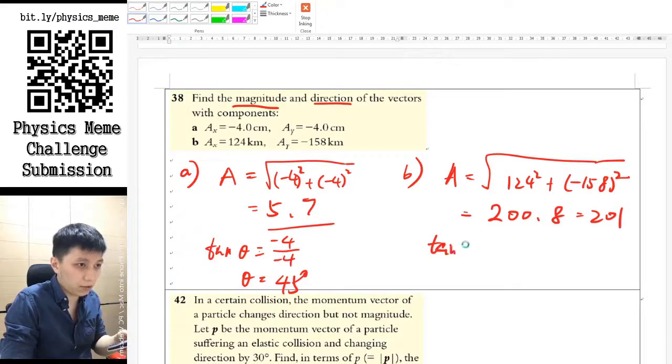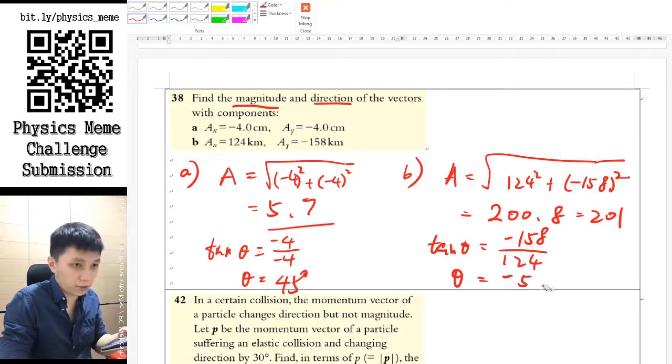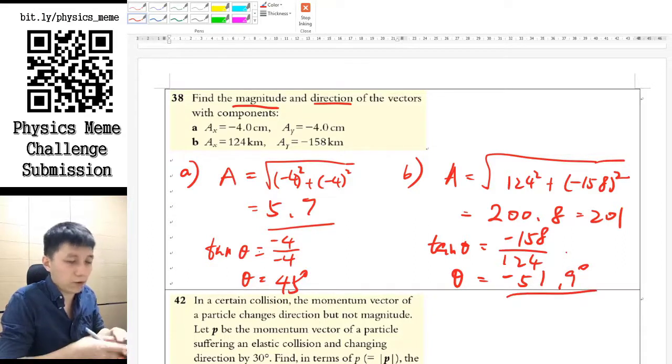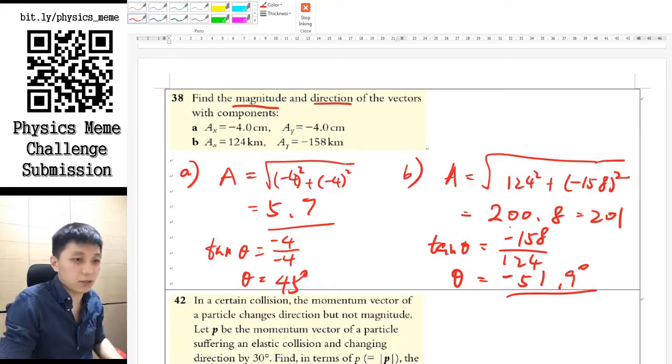As for tan theta, that's going to be the y over the x. Angle will be minus 52. Actually, 3 significant figures, then it's going to be 51.9 degrees. Okay, don't forget the units, degrees.